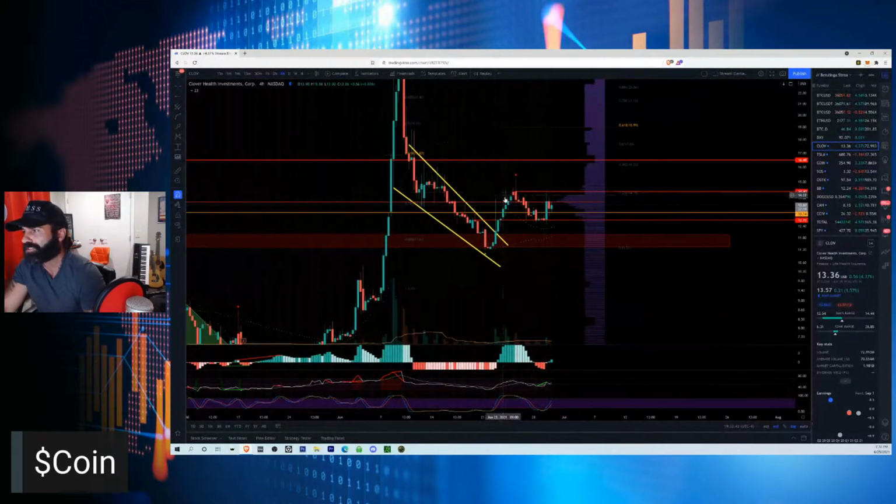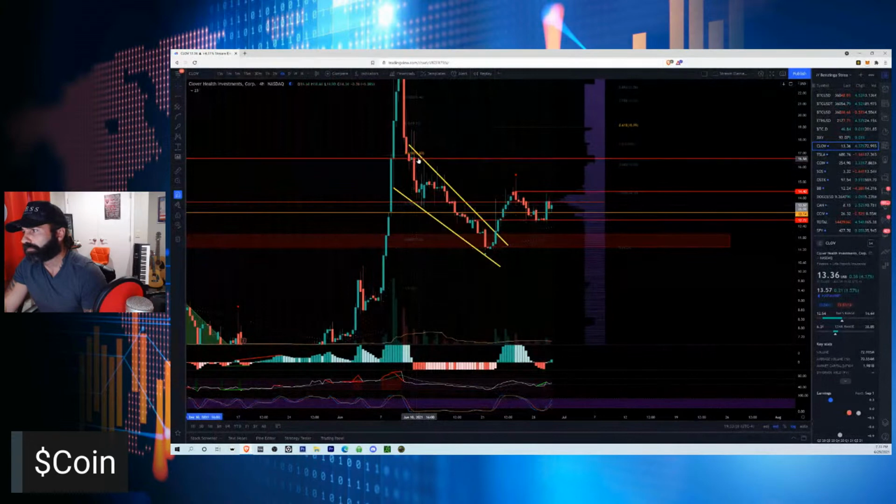You have tested it a few times here. You could have some heavy sellers in that zone. But that's what you want to see. And I think if we do break that 1440 zone, we're probably going to come straight up to 1640. It's got that double top at 1668.